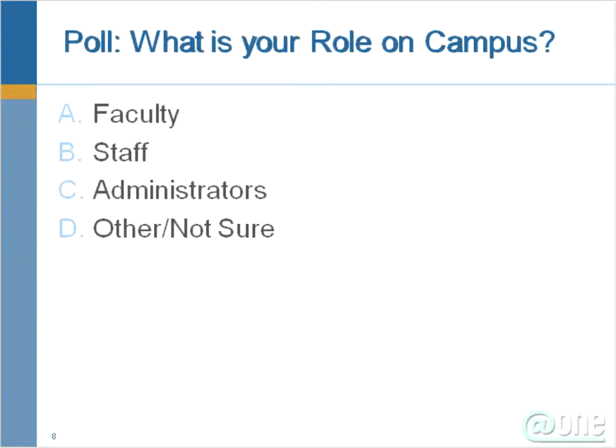So let's go ahead and run another poll. I just kind of want to know what's your role on campus: faculty, staff, administrator, or you're not too sure what your role is on campus. Wow, you guys did that one. Okay.